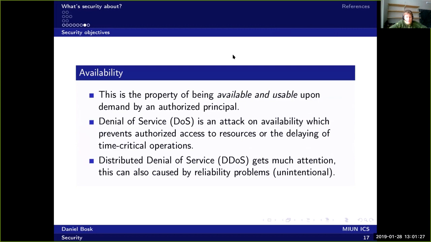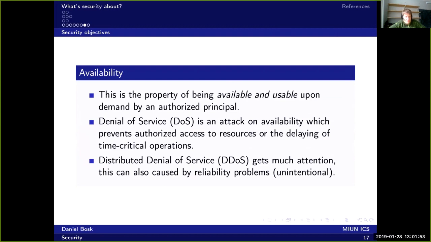So the last one is availability. So this is the property of being available and usable upon demand by an authorized principal. So basically, the big class of attacks against availability is denial of service. And this basically prevents authorized access to resources, specifically network resources.